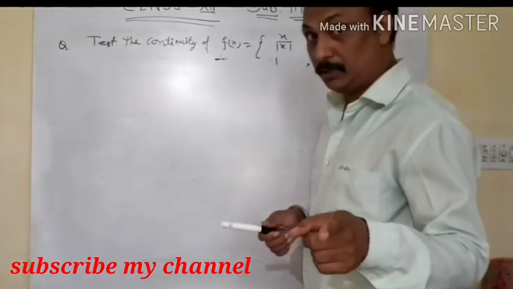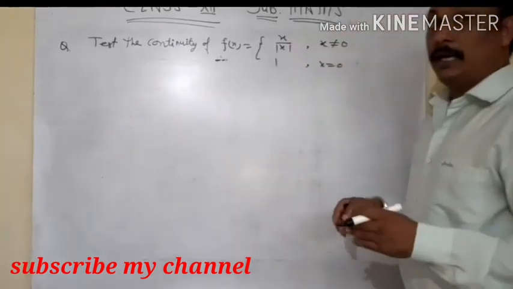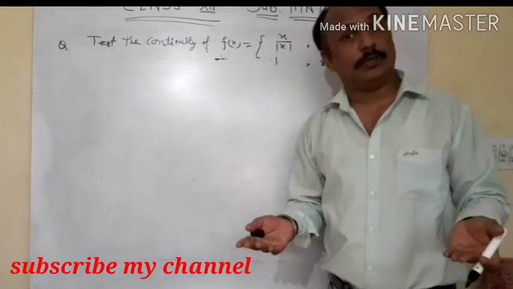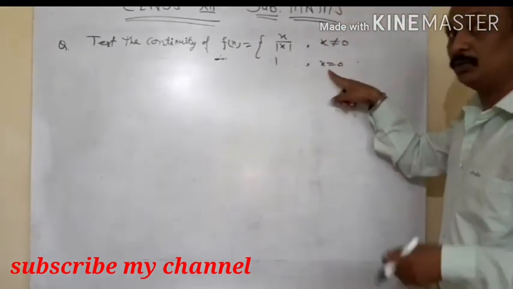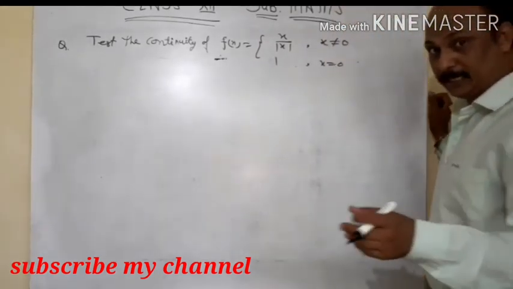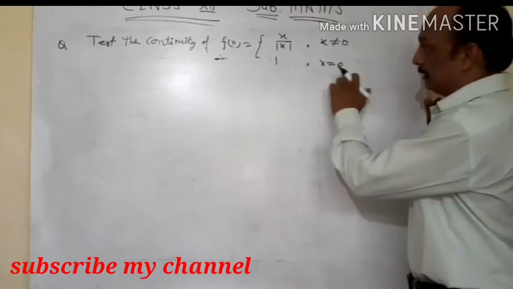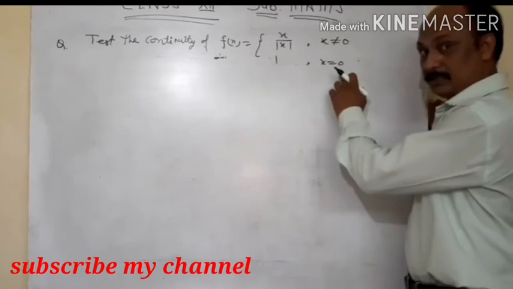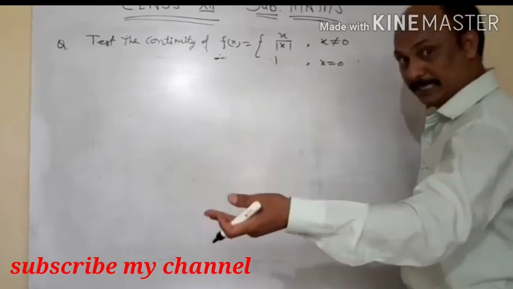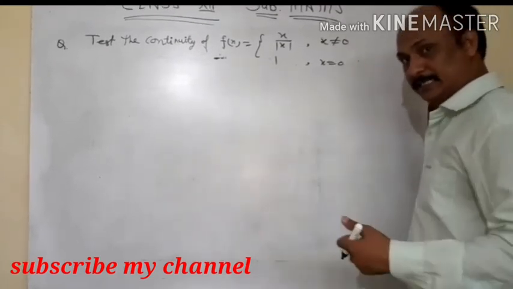First of all, at which point do we calculate continuity? Here, x is equal to 0. So, we should check continuity at x is equal to 0. And for this, RHL is 0 plus h and LHL is 0 minus h.